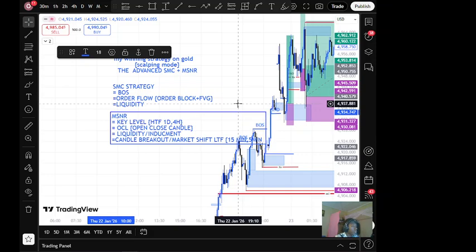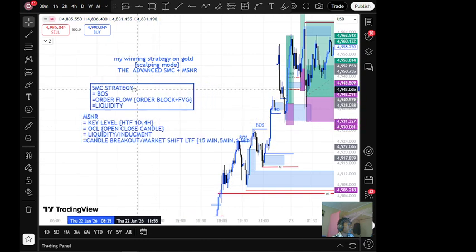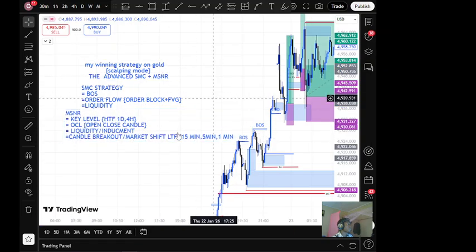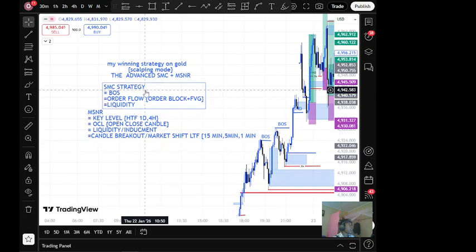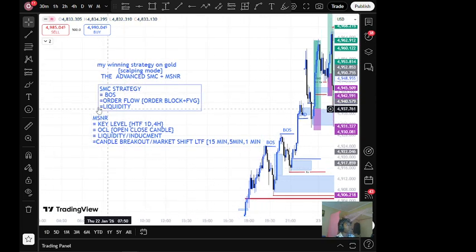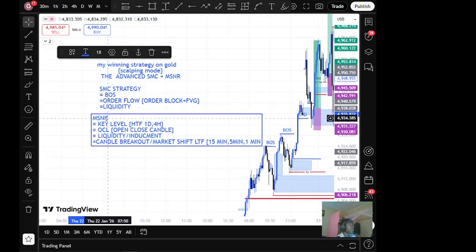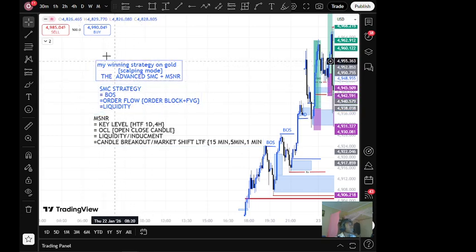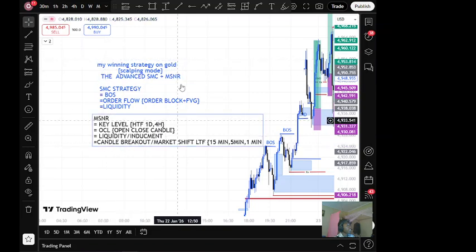But at some point, if you get a confirmation, you can use the 1 minute. So guys, this is basically all the rules that I use. So this is how my strategy always works.